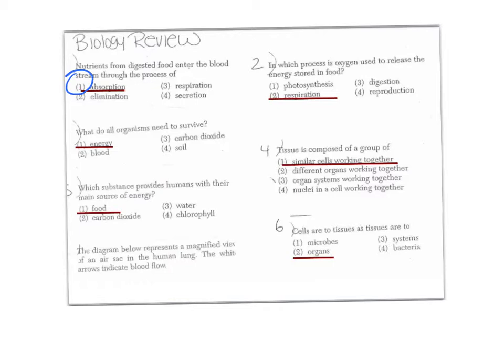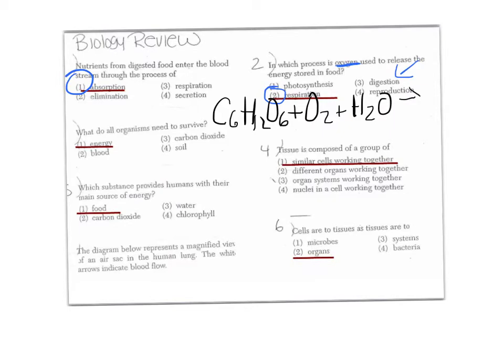In which process is oxygen used to release the energy stored in food? The key to this, a lot of people put digestion, but digestion doesn't use oxygen to release energy stored in food. So it was looking for respiration, and the formula for respiration is C6H12O6 plus O2 plus H2O is CO2 plus H2O plus ATP.